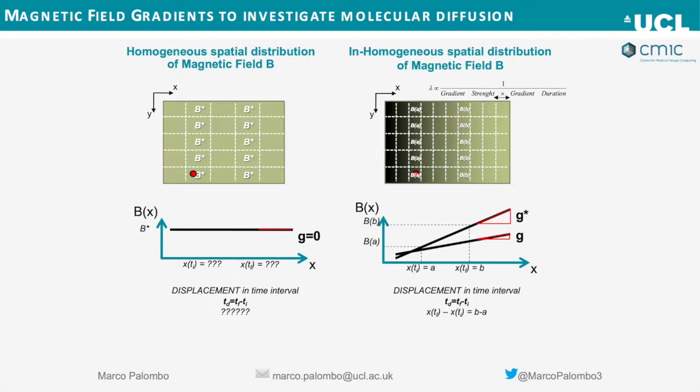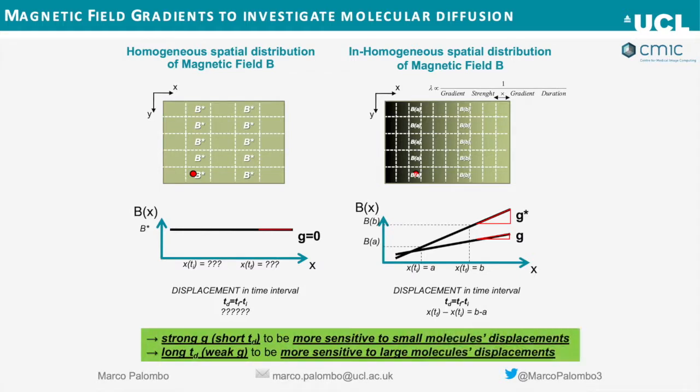And this means we are more sensitive to small molecule displacements. So a finer grid can be achieved using a strong diffusion gradient, and this enables us to measure smaller displacements. Weak diffusion gradients and long diffusion time are instead useful to measure large molecule displacements.